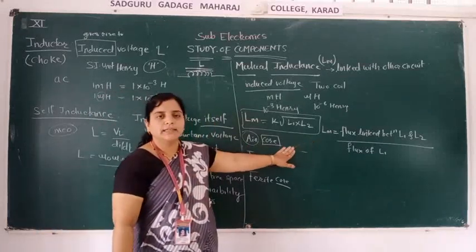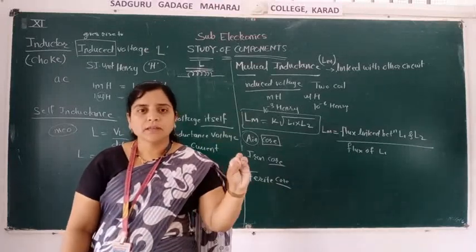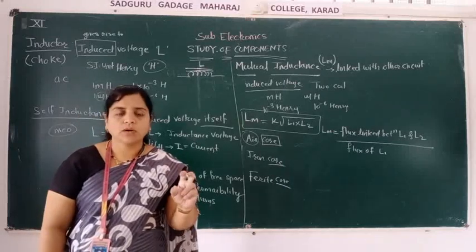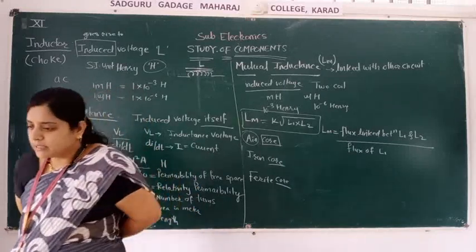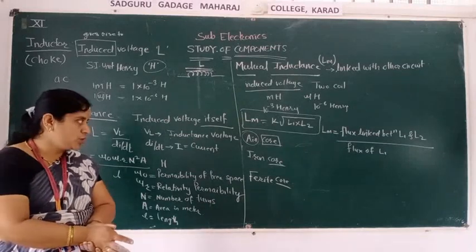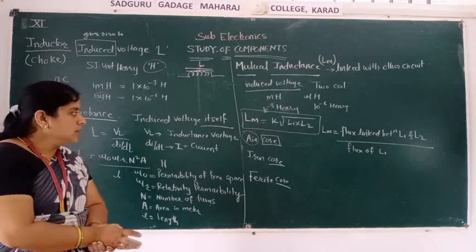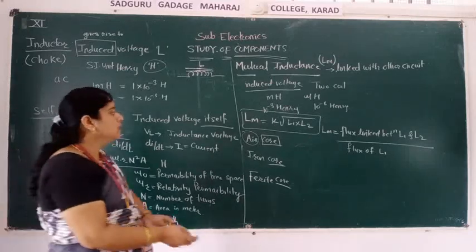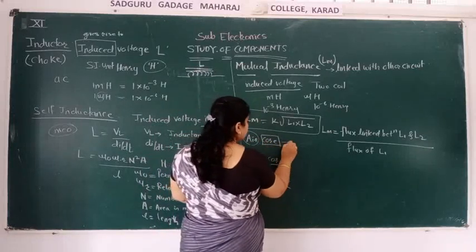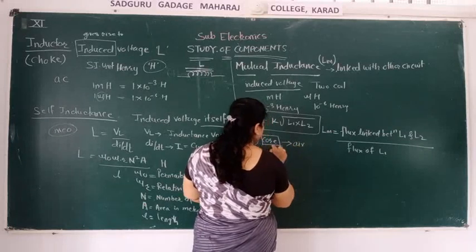Air core inductor, where air is used in the hollow tube, or air acts as a core. Here, what will the core be? Air will be the core. So air acting as a core is called the air core.